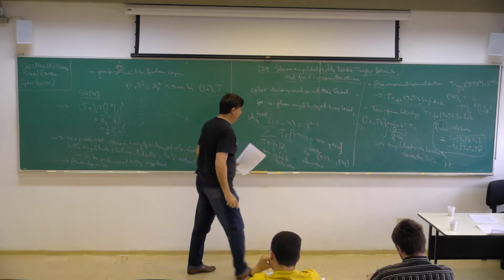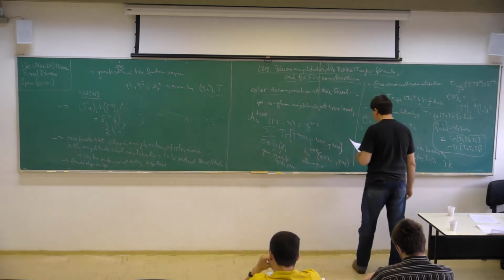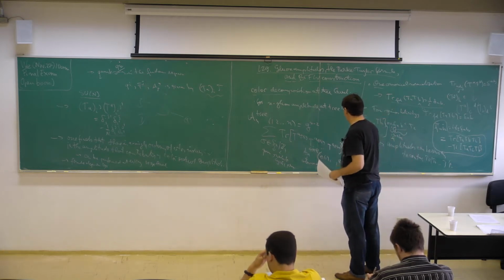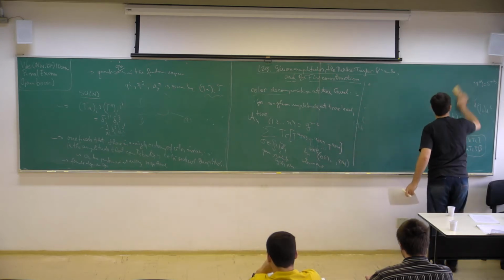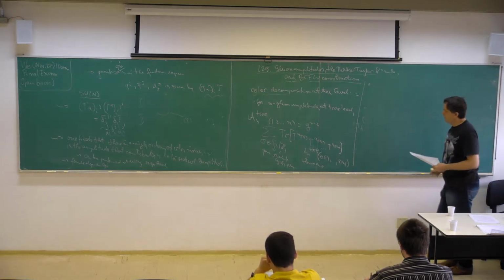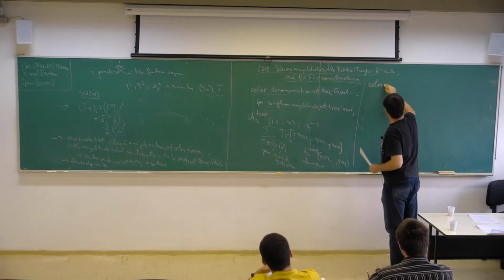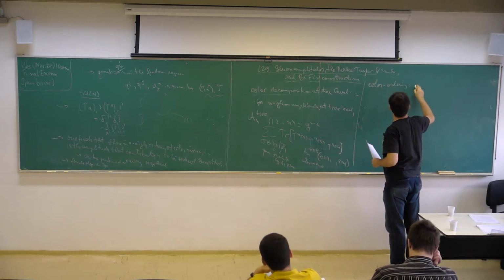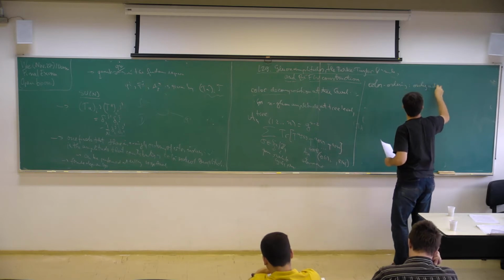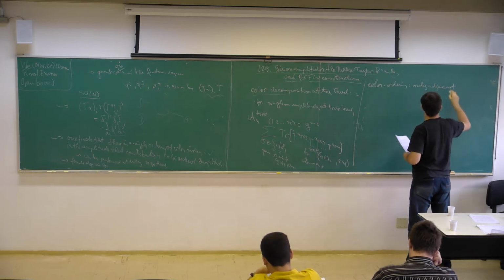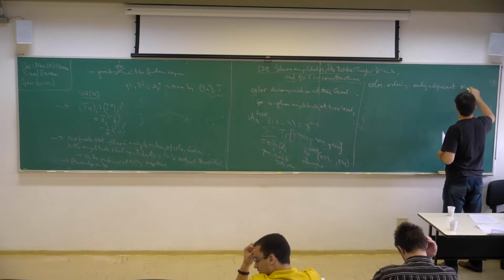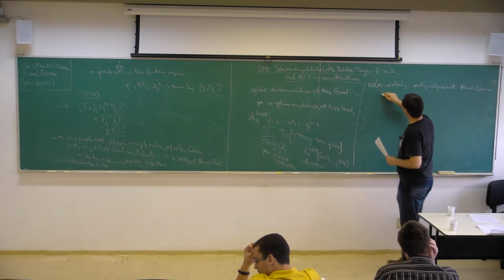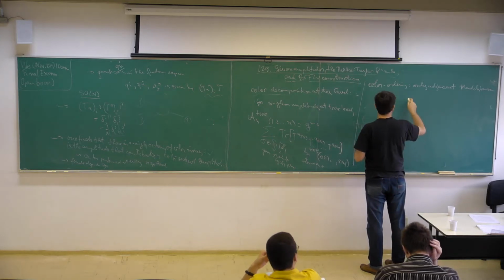So then what does it mean to have color ordering? Color ordering means only adjacent Mandelstam variables appear here.